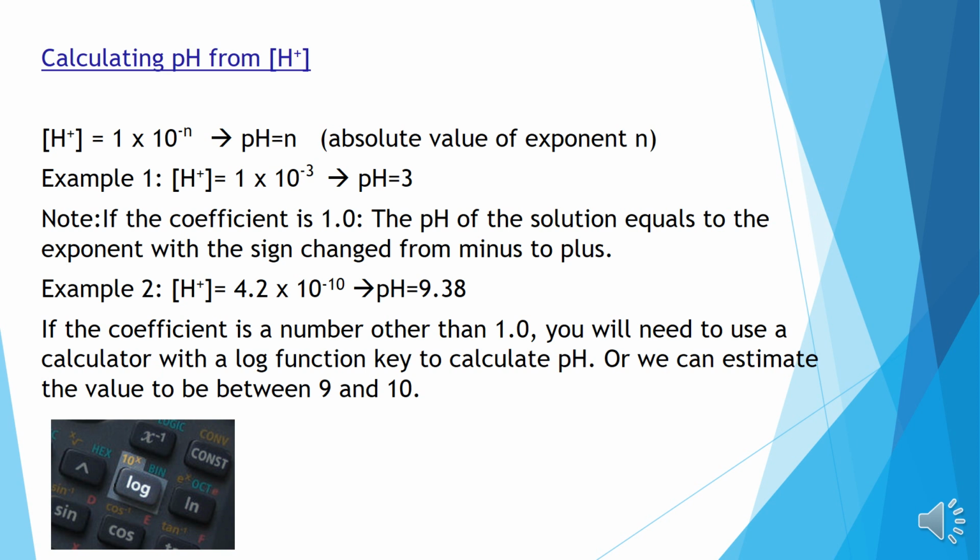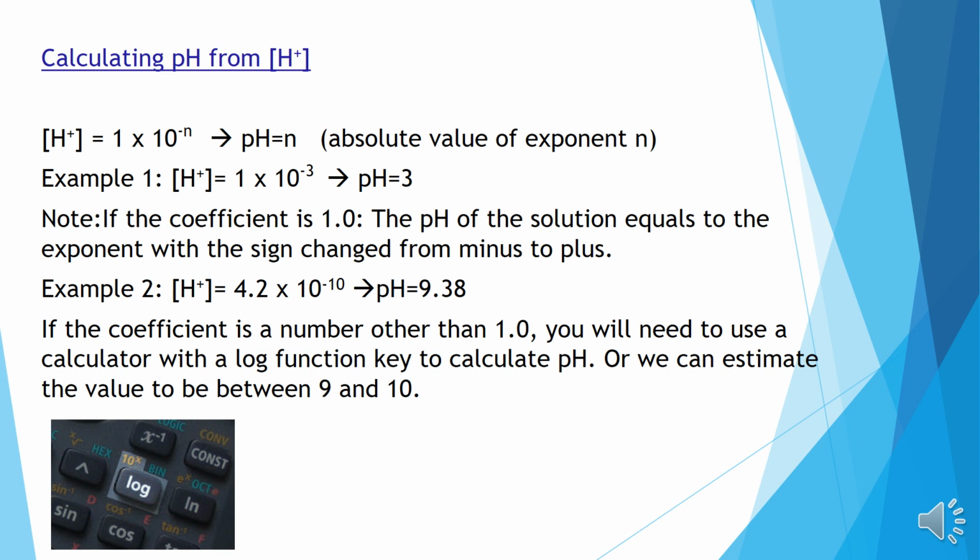If the concentration of H plus is equal to 1 times 10 to the power minus 3, the pH directly is equal to 3. Note, if the coefficient is 1.0, the pH of the solution equals the exponent with the sign changed from minus to plus.